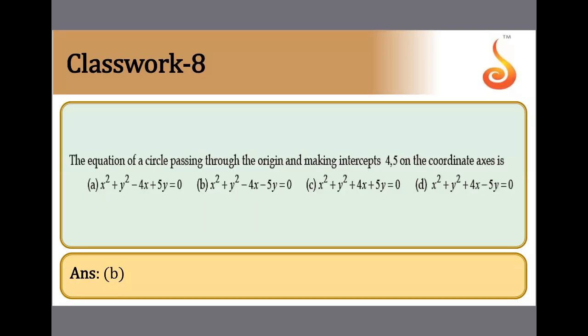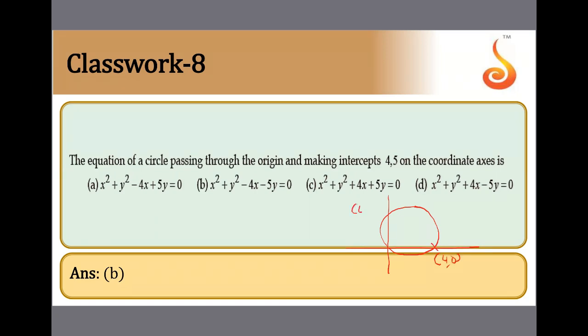Next, same type of question. Equation of a circle passing through both axes means what happens? G is equal to f. Beautiful. I know my students are very intelligent. Equation of circle passing through origin, making intercepts 4 and 5 on the coordinate axes. Same way, equation of a circle passing through origin: this point is 4, 0.